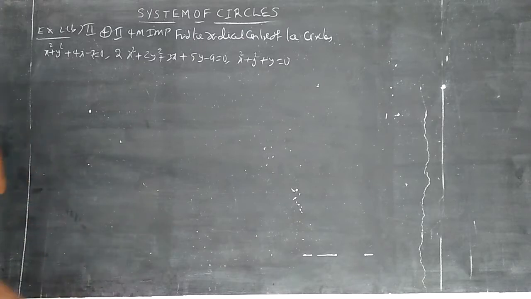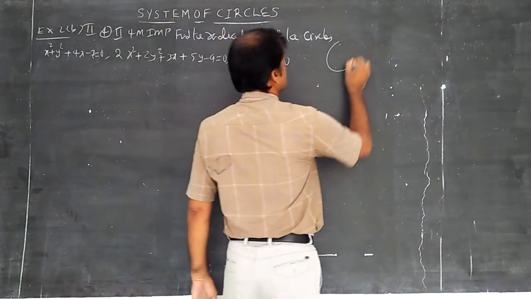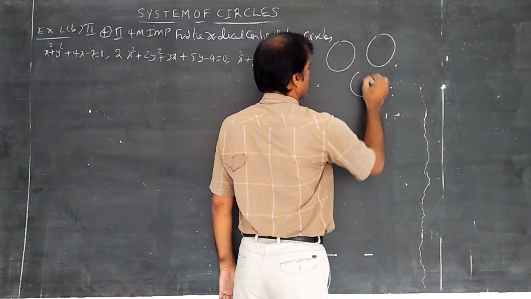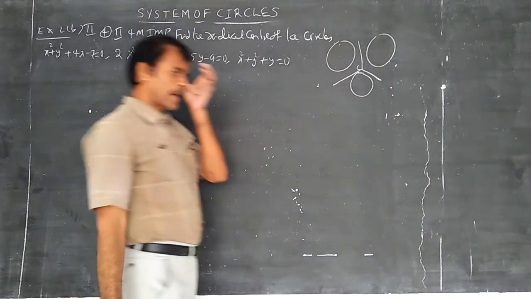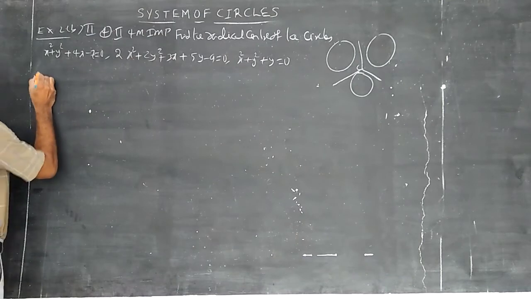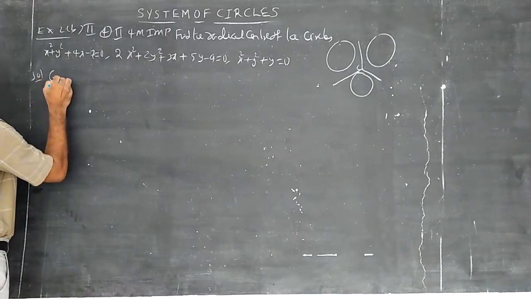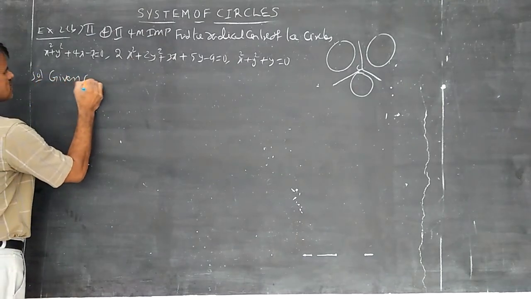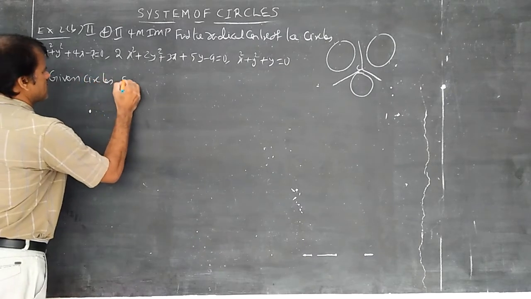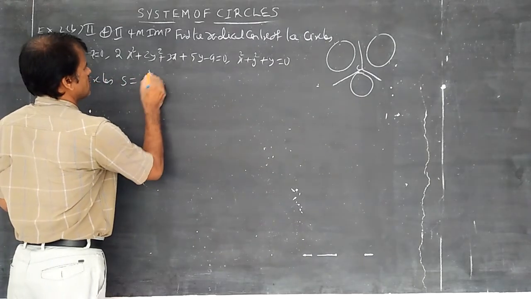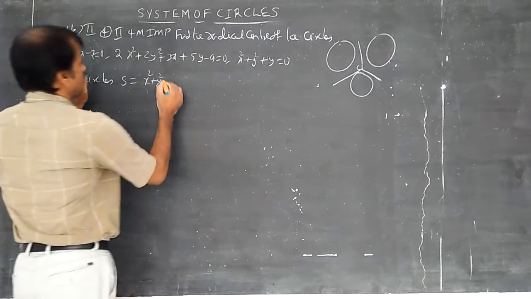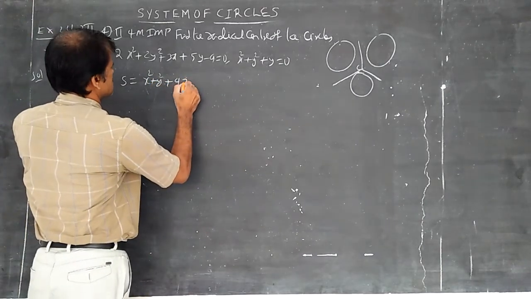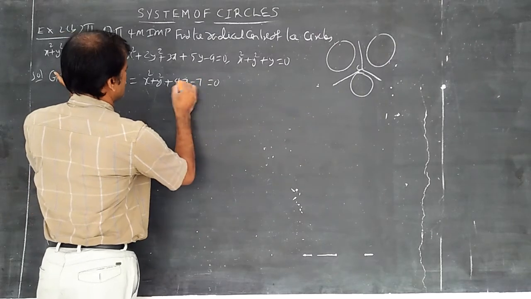Let us discuss this concept. This is the drawing. This is the required center. I am writing the given circles. You write the first one: x square plus y square plus 4x minus 7 equal to 0.